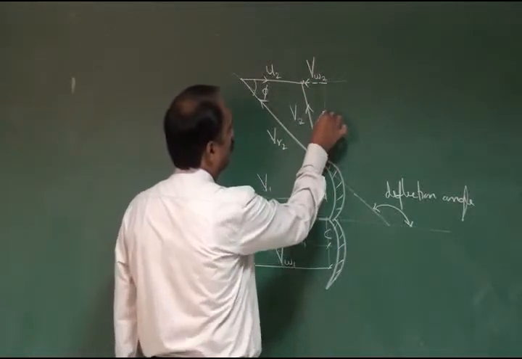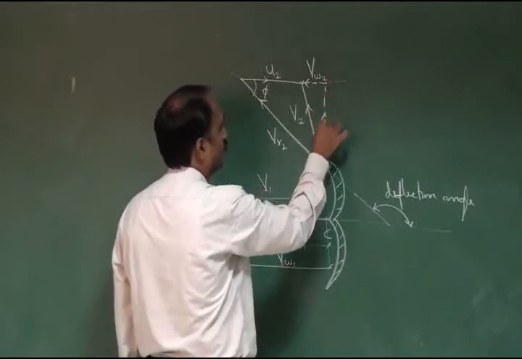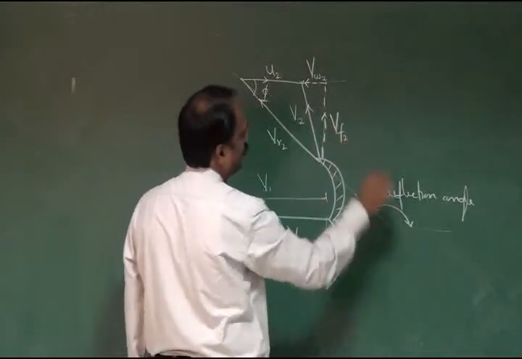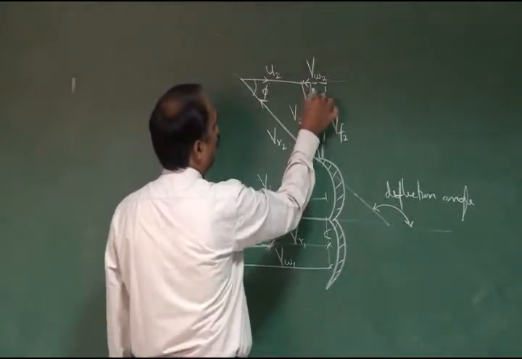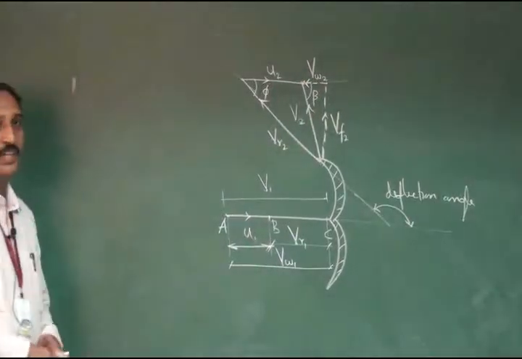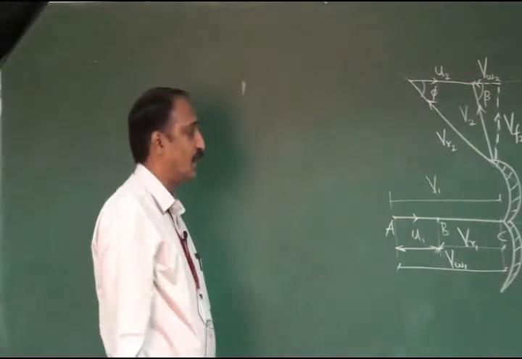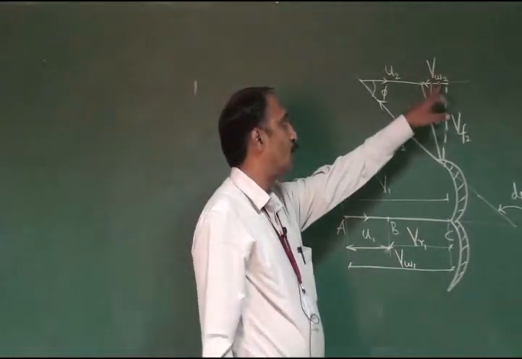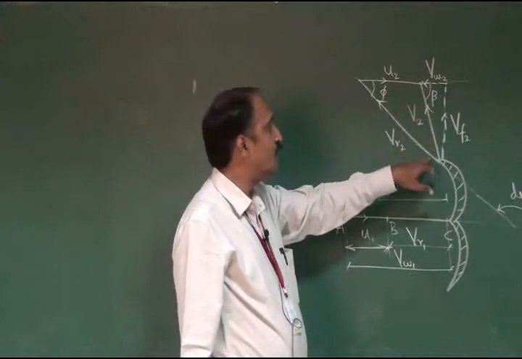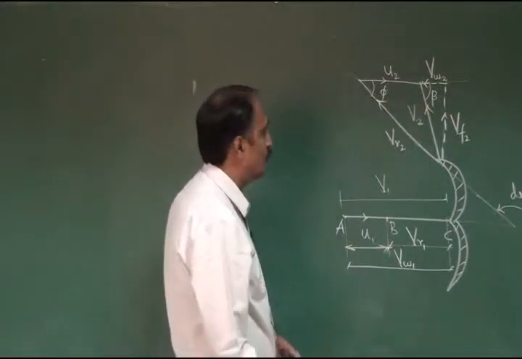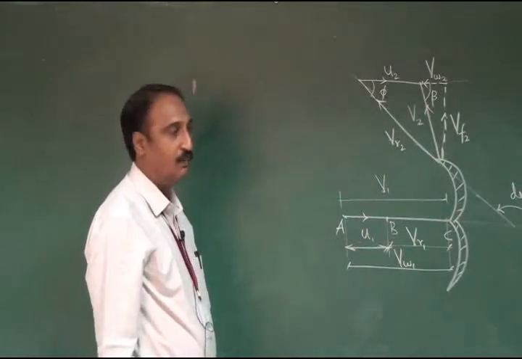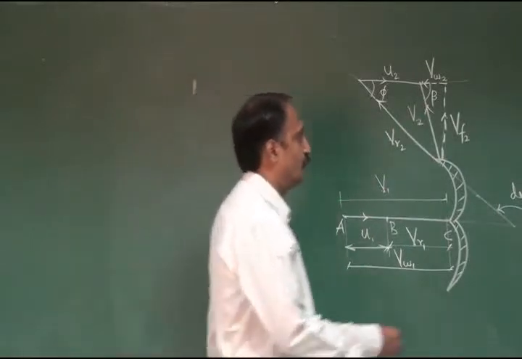Here, this is velocity of flow at outlet. Say this angle theta. So with this velocity triangle, we can easily determine VW2 and angle of the jet at outlet. With the aid of this velocity triangle, we can easily calculate or determine efficiency of the hydraulic turbine.